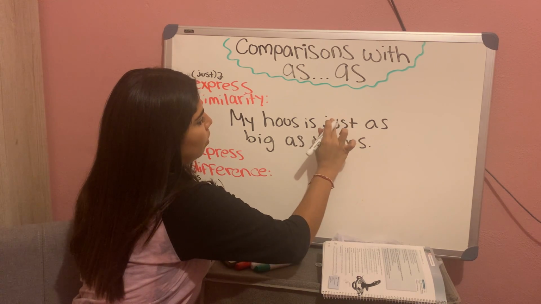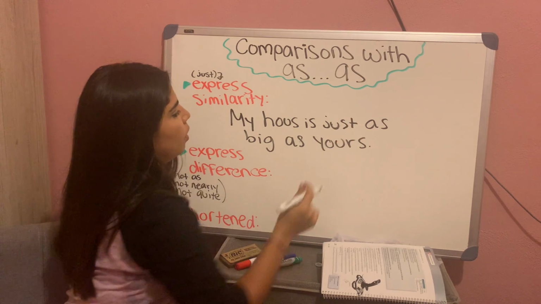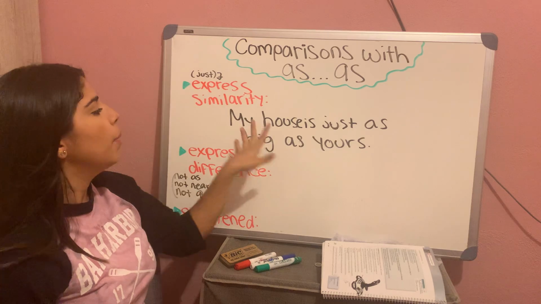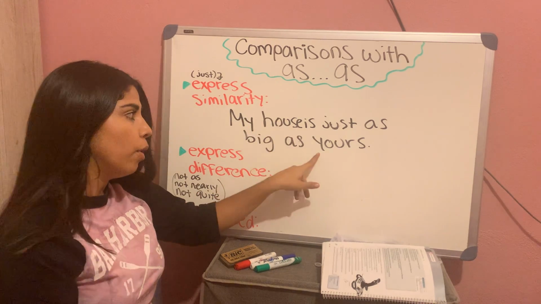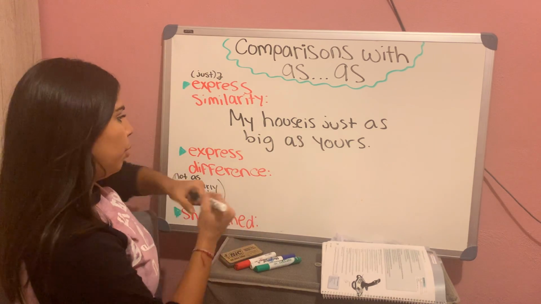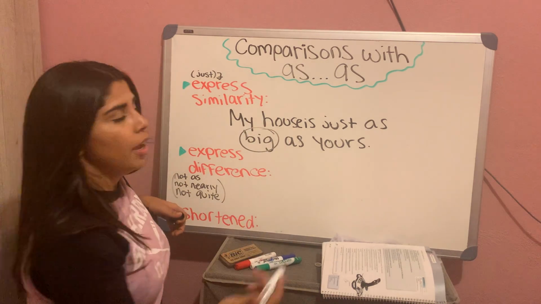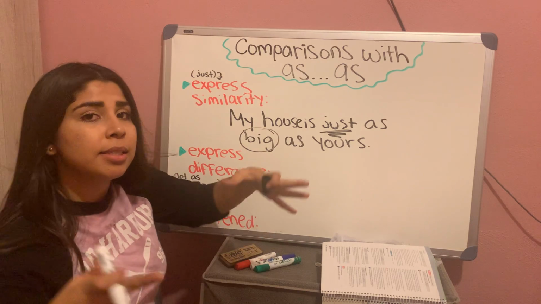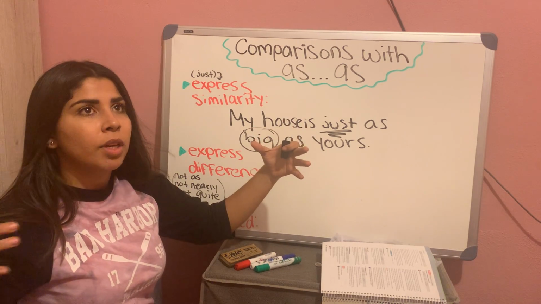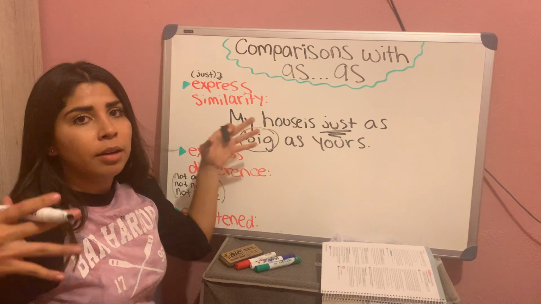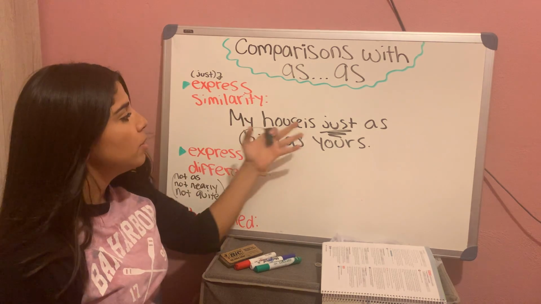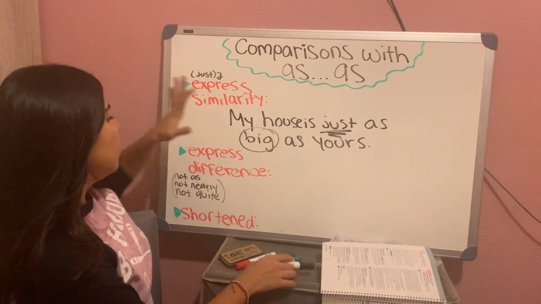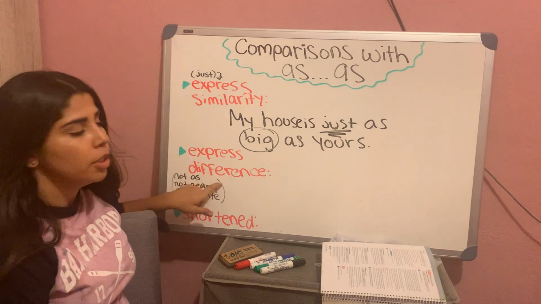Okay, so I'm talking about my house and I'm comparing it with your house. I'm saying that they are both big and that they are exactly the same, the same meters and square feet. So I can say my house is just as big as yours. I hope this makes sense, because now I'm going to jump to the difference part.